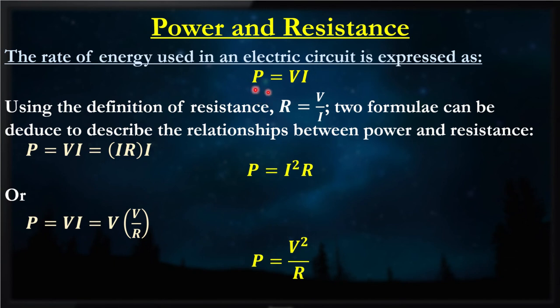We know for a fact that the power of an electric circuit is given by this formula here. The power, or the amount of energy that's being used, is voltage times current. Now we know from Ohm's law that we can substitute the equation in like so.